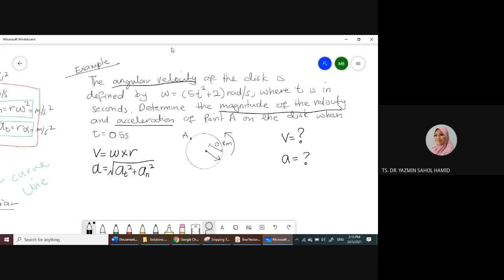So for this question, we need to find V. V equals omega times R. How are you going to find omega? Omega is given as 5t squared plus 2. But what we need to do is replace t with 0.5 second into the equation.